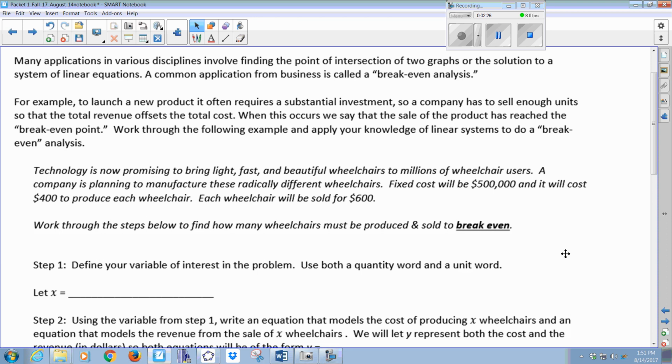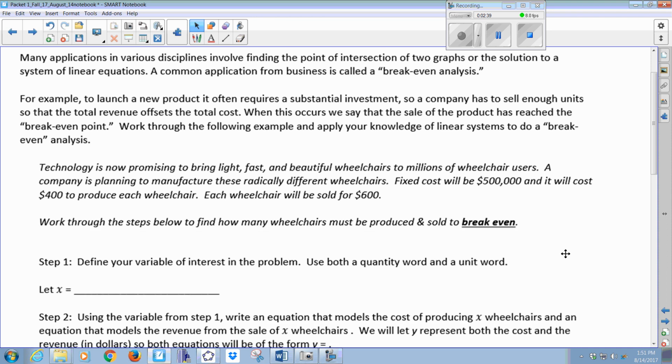So we want to work through the steps below to find out how many wheelchairs the company must produce and then sell so that they break even. And again, remember, what does break even mean? It means when the total cost is equal to the total revenue.